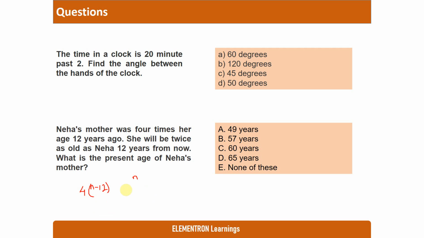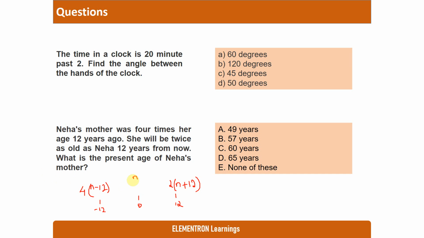If we take the timeline, it was 12 years ago and this was present. So 0, minus 12, and after 12 years the mother will be 2 times Neha's age. So that is 2 times (n plus 12). And if you see the timeline, the total period is 24 years. Then what is the present age of Neha's mother?